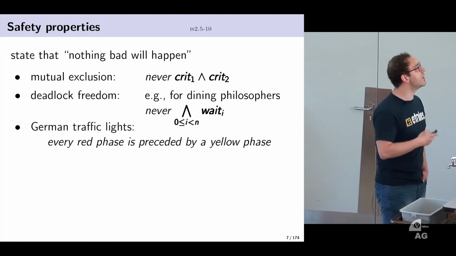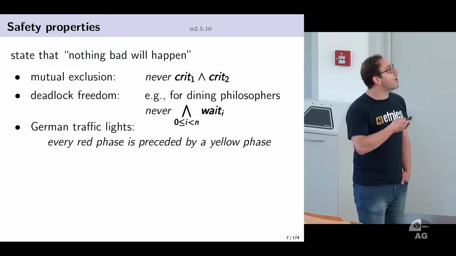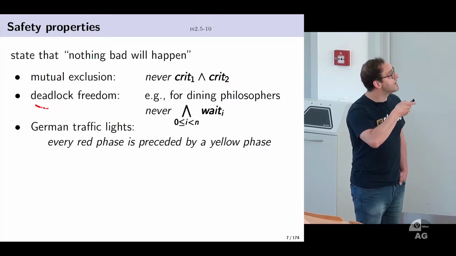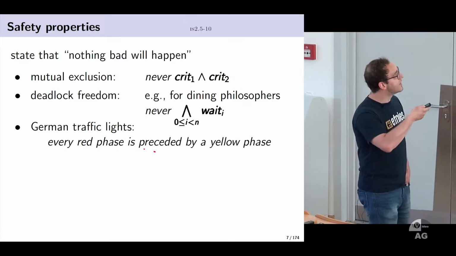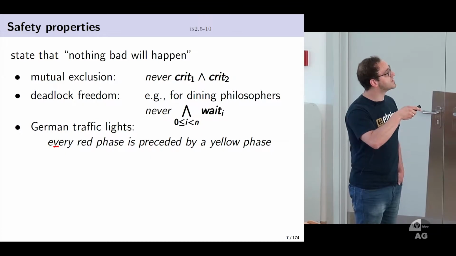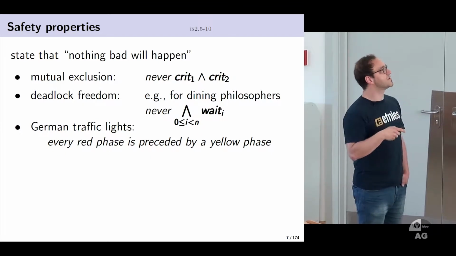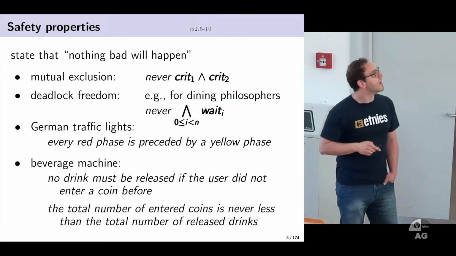Okay, this we already saw, but there are other safety properties I already hinted at that are not as easy. Here these are invariants, you can characterize them by a propositional formula. But this one you cannot so easily, right? So for example, the German traffic lights, you could state that every red phase of your traffic light is preceded directly by a yellow phase, for example.